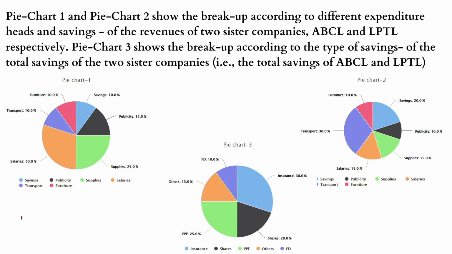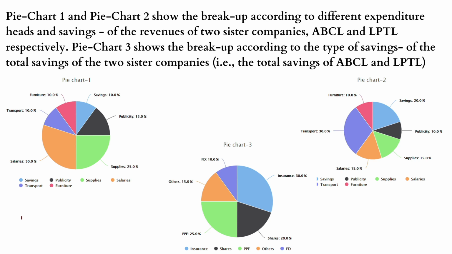Let's move on to the second set of pie charts. Pie chart 1 and 2 show the breakup according to different expenditure heads and savings of the revenue of two sister companies, ABCL and LPTL respectively. And pie chart 3 shows the breakup according to the type of savings of the total savings of the two sister companies, that is the total savings of ABCL and LPTL.